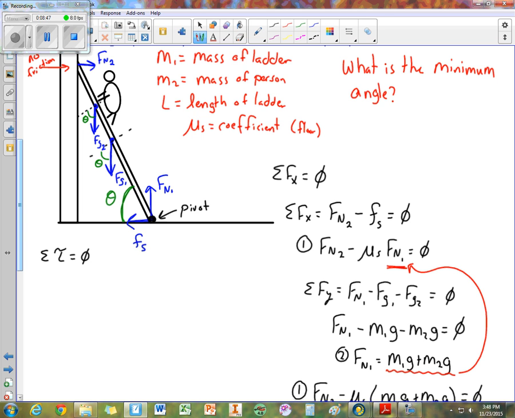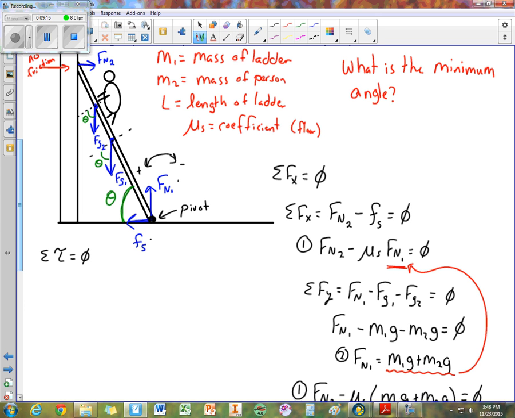Because torque is a force times a lever arm distance, that means that the Fn1 has no torque and the friction Fs has no torque. Also remember that torques that go counterclockwise are positive and torques that go clockwise are negative. Okay, something else.